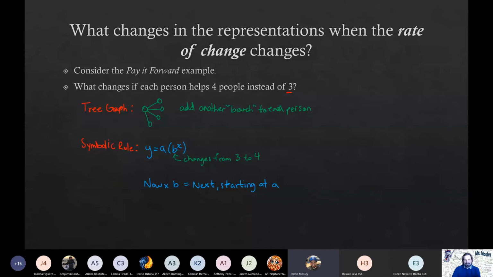And we have the same thing, because I put the letters in the same place, that B, the multiplier, changes from 3 to 4, right? Which then, obviously, if we're multiplying by 4 instead of 3, we're going to have way more people, right? The rate of change is higher, so we're going to increase faster, right?